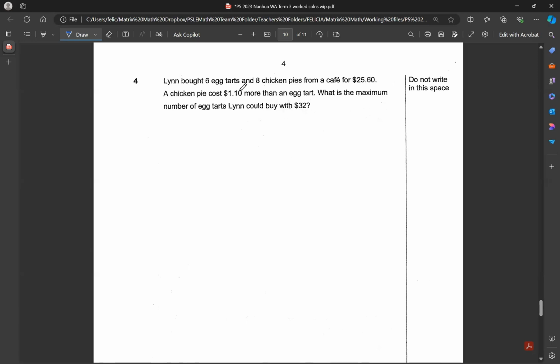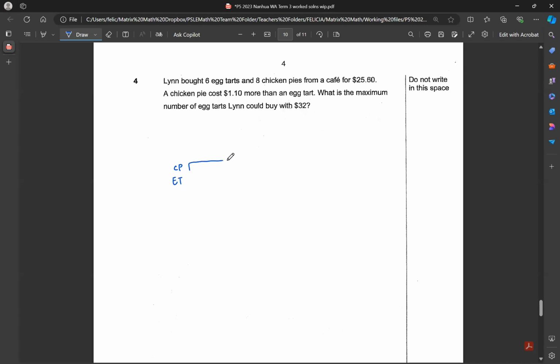Okay, so what we're going to do is we're going to settle the stacking first. All right, so one chicken pie costs $1.10 more than an egg tart. What we should do first is I will settle a model for this first. All right, so this is how I'm drawing. Let's draw it lower, leave some space here because you are expecting to stack some things later on. Okay, so I'll just call it CP for short, chicken pie, and maybe ET, egg tart.